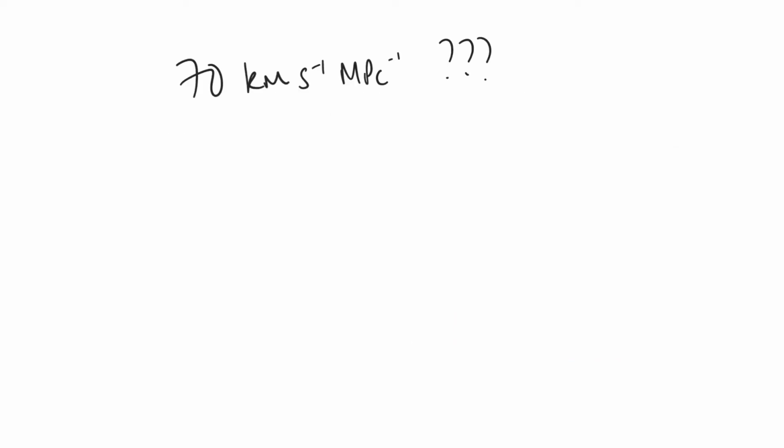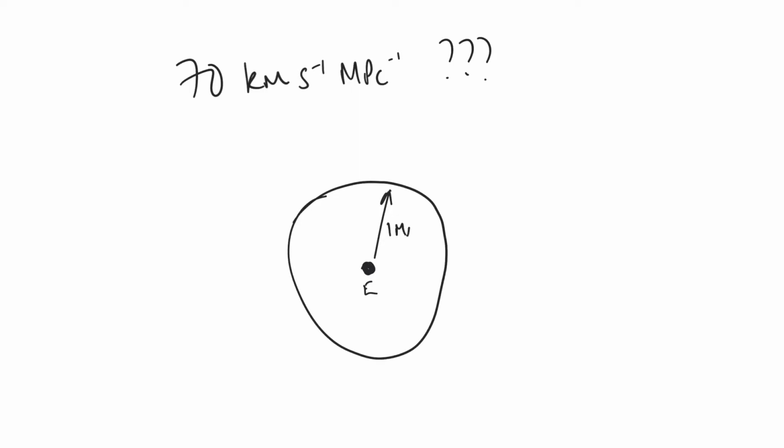So hopefully you've given that a thought. The way I like to think of it is we've got Earth somewhere like that, and then 1 megaparsec away we've got a distant star, and that's receding, travelling away from us at 70 kilometres per second.